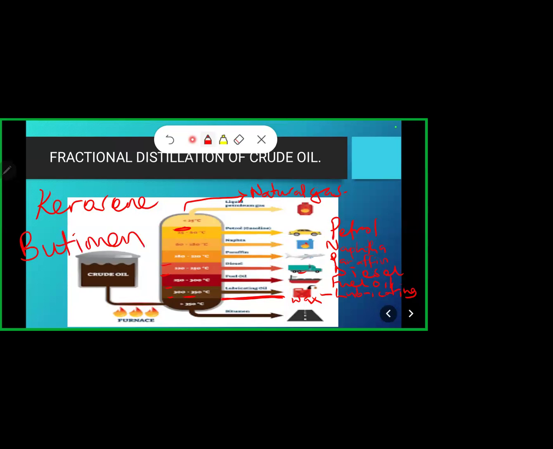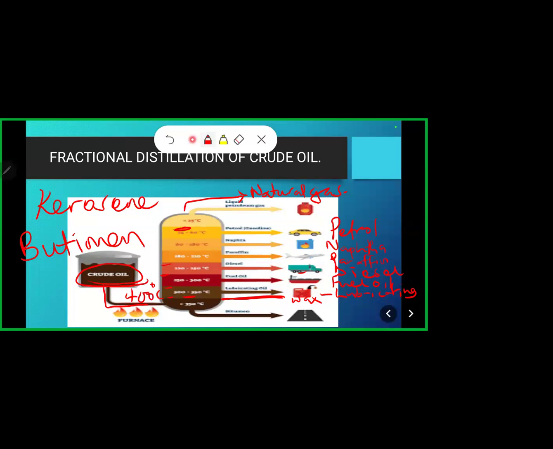And of course, you could give an example of petroleum being pumped through a furnace. For example, here, crude oil is pumped through a furnace of about 400 degrees Celsius. And then, of course, the crude oil is passed into the fractionating tower, which consists of trays at different levels and different temperatures.